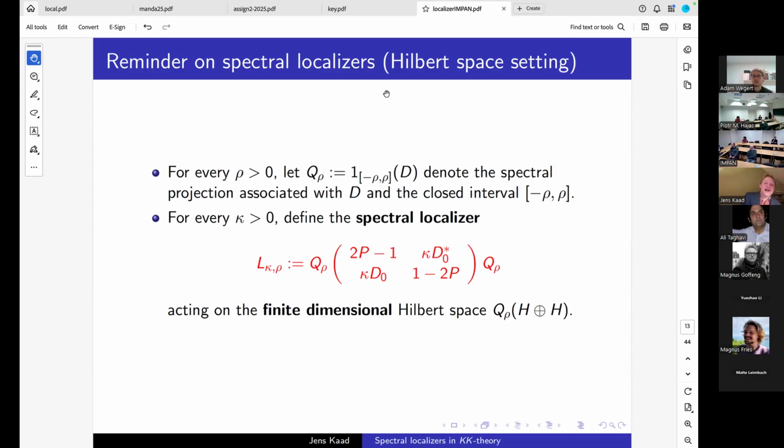Yeah, I have actually been thinking about this quite a lot without success, also together with Bram Mesland, but we couldn't figure out how to do it. In the case where the C-star algebra B is commutative, then yes, but that's maybe not the most interesting setting.